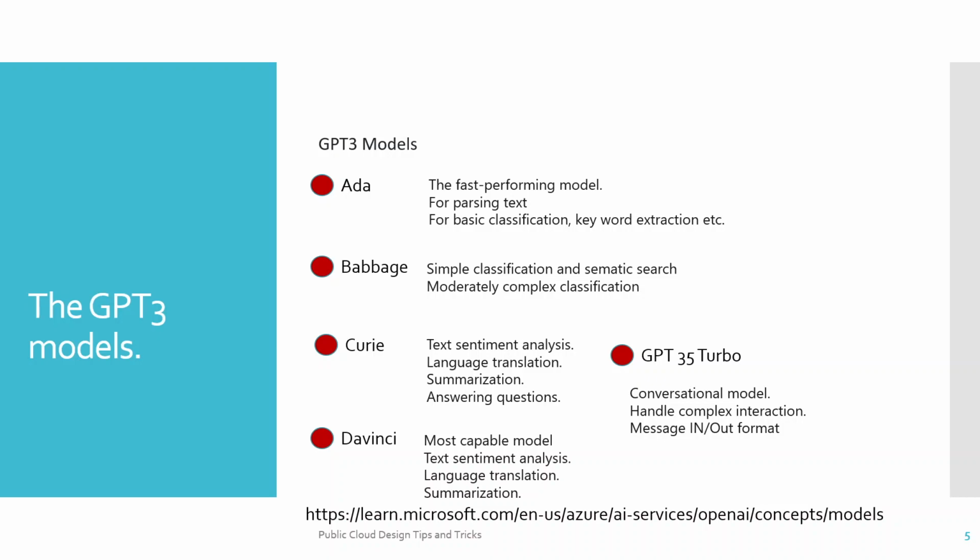But in a nutshell, Ada is the fastest performing model within GPT-3, and it does text parsing, classification and keyword extraction.